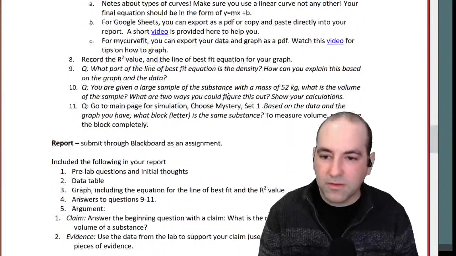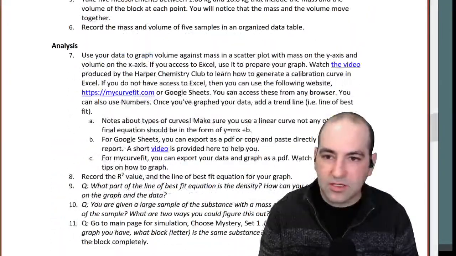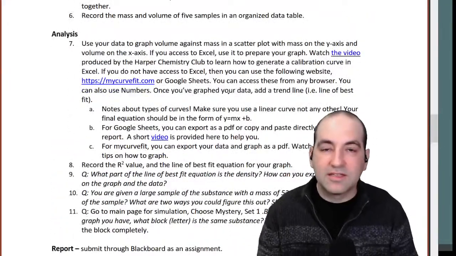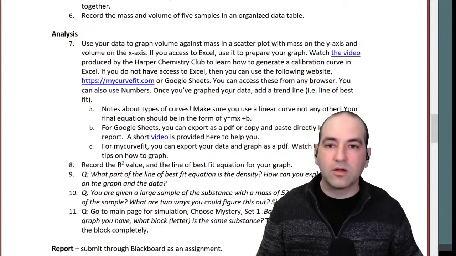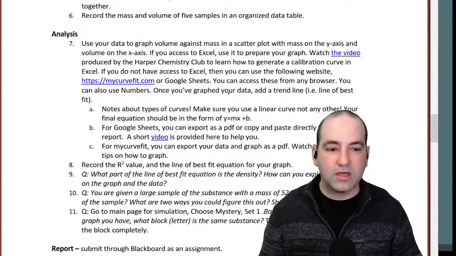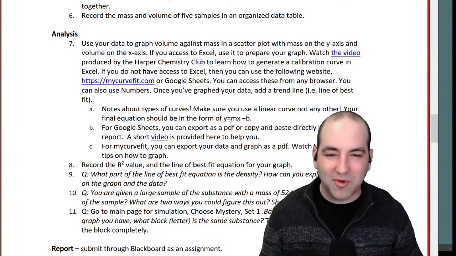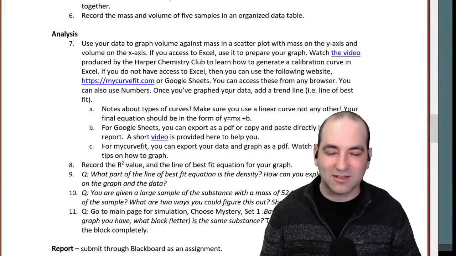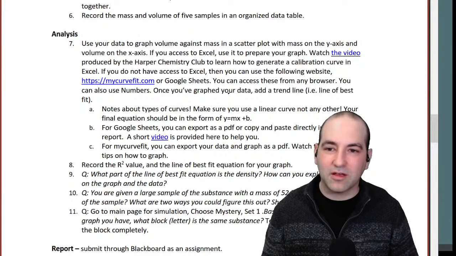So one important thing about density to know for graphing, the density of water is 1 gram per milliliter, which means 1 gram of water, liquid water, weighs or takes up 1 milliliter of space. Density is a ratio between a mass and a volume.